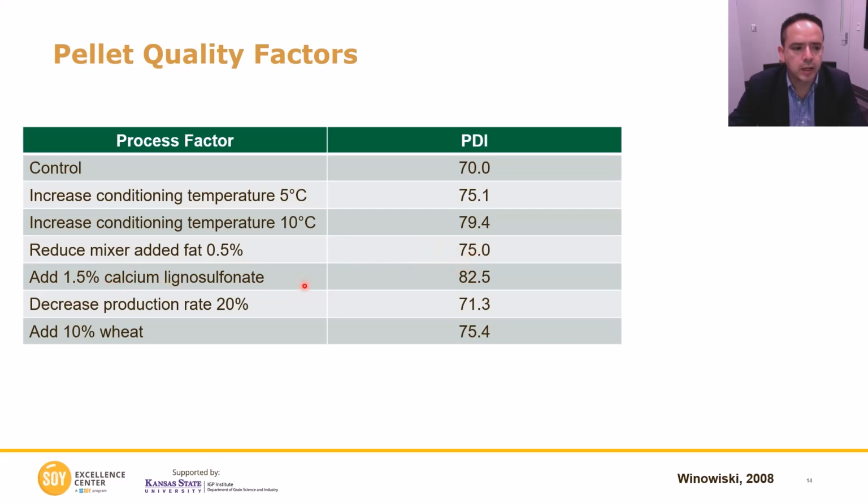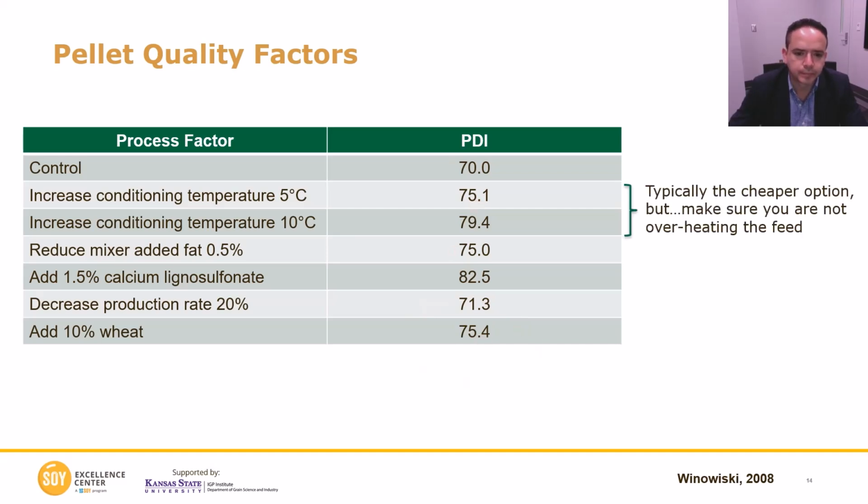And when you add some pellet binders like calcium lignosulfonate, there is an improvement in pellet quality. In this particular study, as you can see here, decreasing production rate didn't influence pellet durability that much. However, adding 10% wheat helped with the pellet durability index.